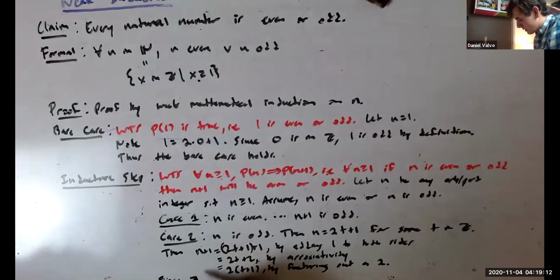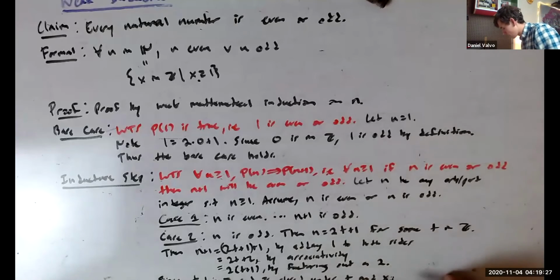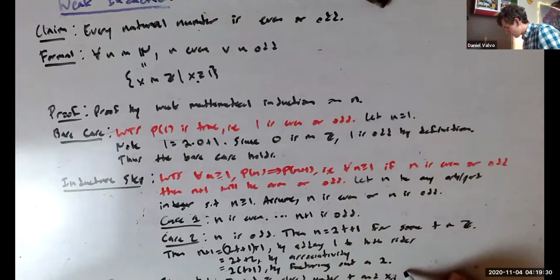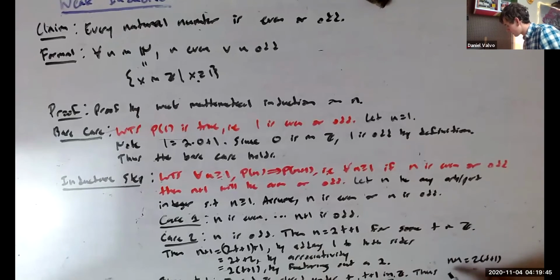Then, since t and 1 are in Z, and Z is closed under addition, t plus 1 is in Z. Thus, n plus 1, which equals 2 times t plus 1, is even by definition.